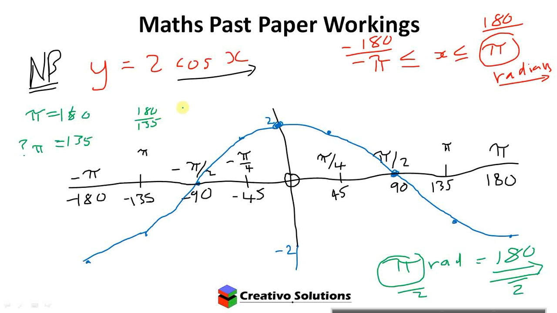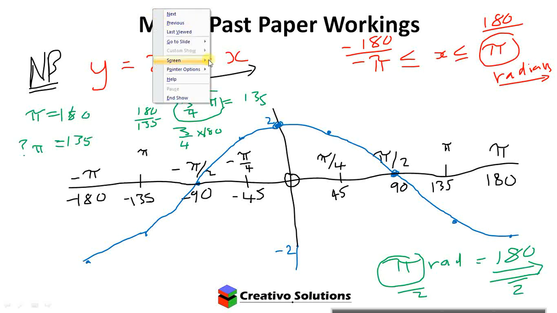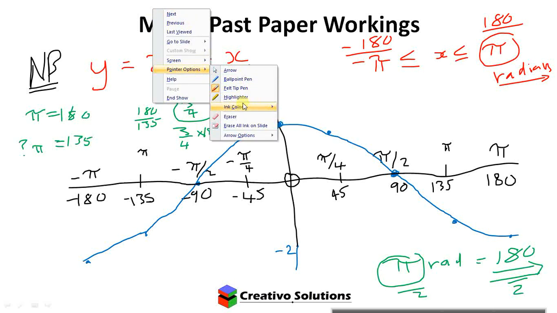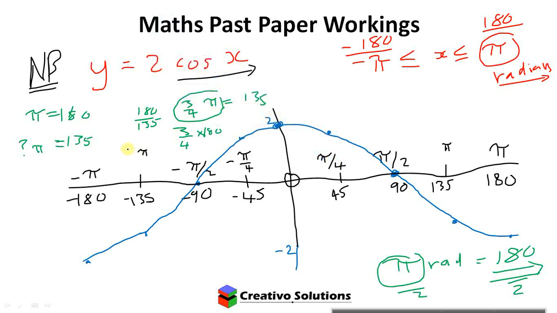So it should be 3 over 4, the inverse. 3 over 4 pi equals 135. Let's check if that's right. 3 over 4 radians would be 3 over 4 times 180, which is 135. So I just had it the wrong way around. It should have been 3 over 4, not 4 over 3, so you'd have to inverse it.